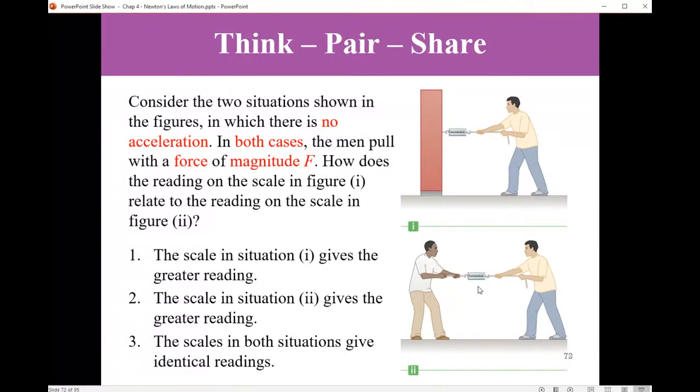Any suggestion? Since the force is the same, then the reading of the scale will be the same, right? So the second man here serves as the wall, just to hold the scale, but it will not make a difference for the reading of the scale.